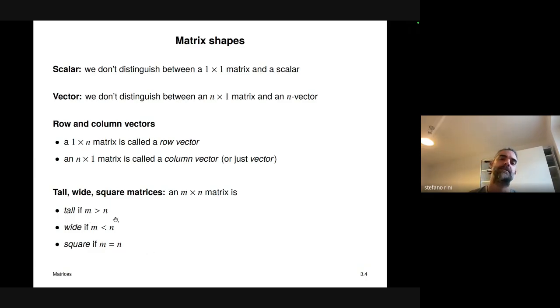So if m is larger than n, then we say that the matrix is tall. If m is less than n, we say that the matrix is wide. Some people say fat. I guess I'm culpable of saying fat matrices, but of course we don't want to discriminate with people. You can be wide and be whatever body shape you want. And if m is equal to n, then we just say that the matrix is square, okay?